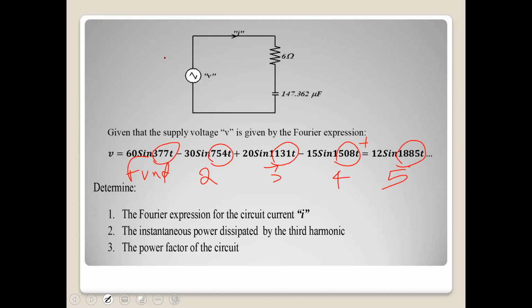So that would make what we're working with a sawtooth wave, since we have all the harmonics. It's possible, but you will not only look at the harmonics that are present, you'll also have to take note of the coefficients, to be absolutely sure that it is a sawtooth.